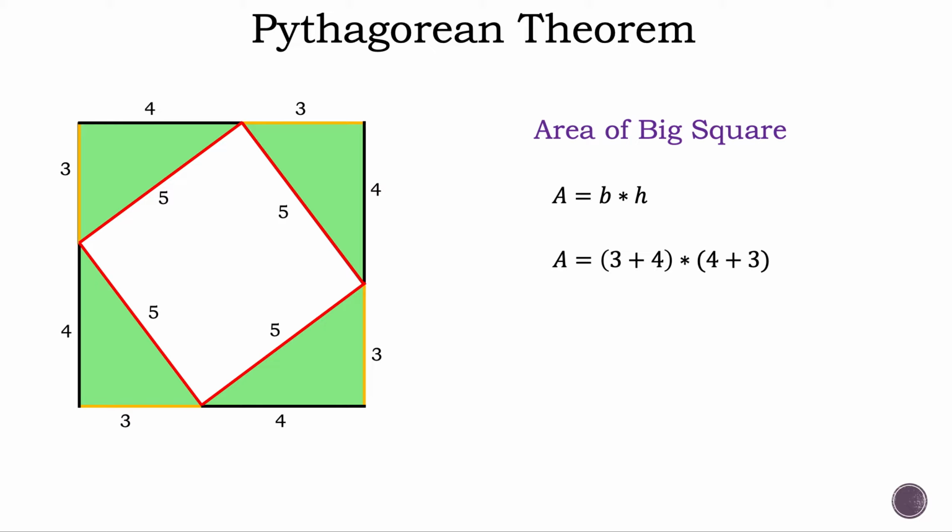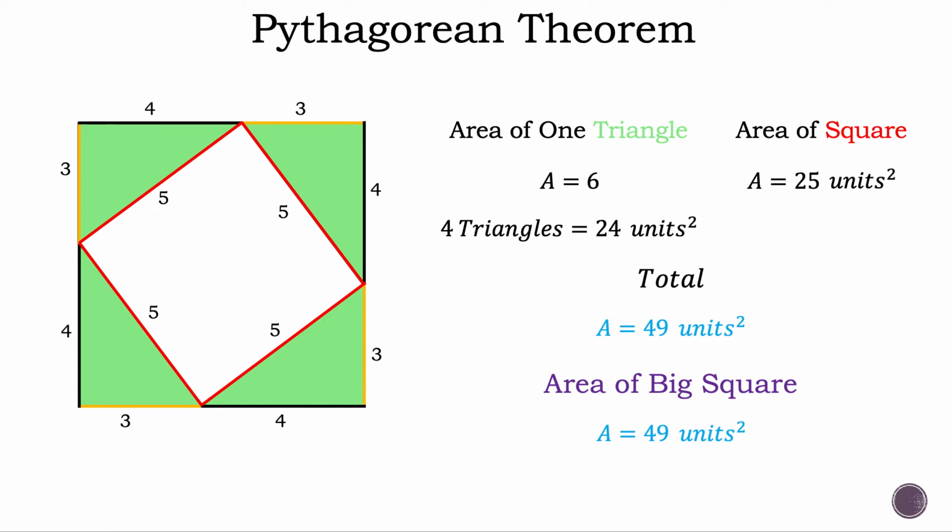Let's go ahead and add the numbers in the first parentheses, and 3 plus 4 is 7, and now we have area is equal to 7 times 4 plus 3 in parentheses. Let's add the numbers in the parentheses, and 4 plus 3 is 7. Now we have area is equal to 7 times 7, and the result of that is 49. And the area of the big square, using the numbers on the outside, is 49 units squared. Now let's do a recap of what we've done so far.